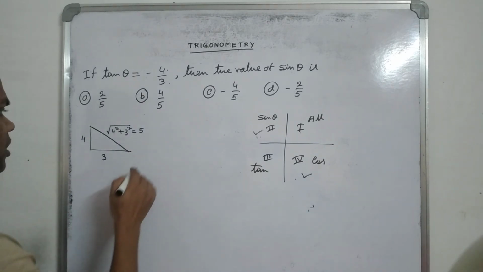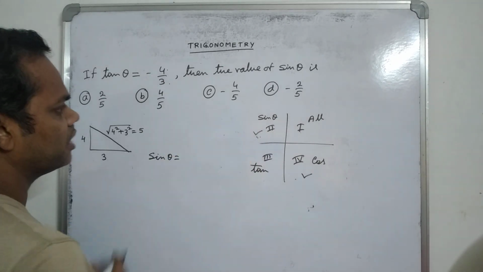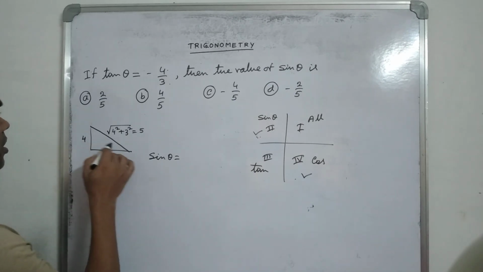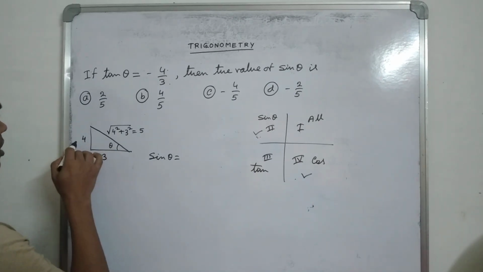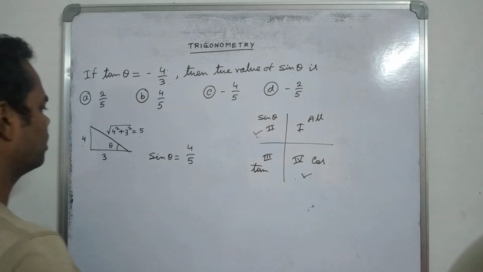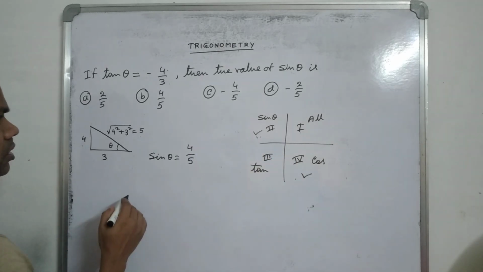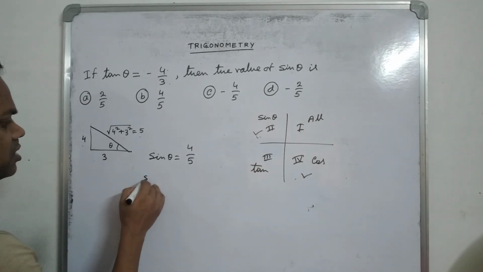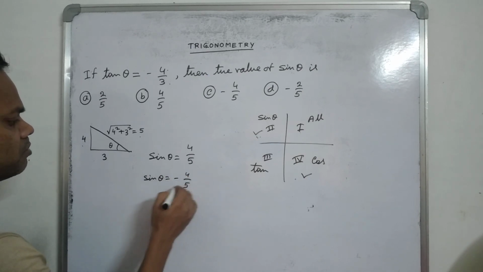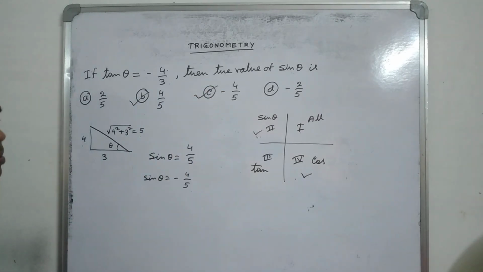So if theta lies in the second quadrant, then sin theta is positive, perpendicular by hypotenuse, that is 4 by 5. And if theta lies in the fourth quadrant, then sin theta is negative, minus 4 by 5. So either option B or option C, or both of them, is correct.